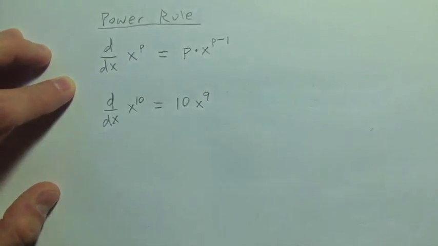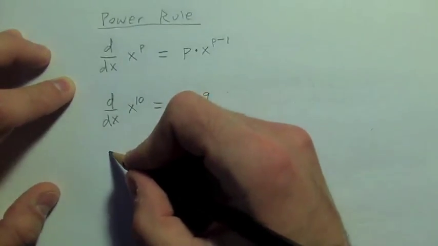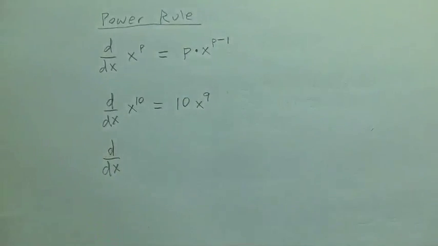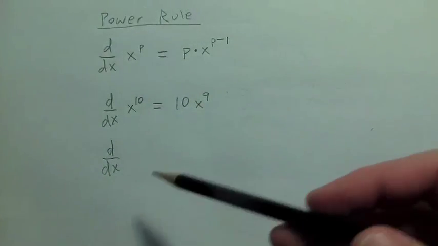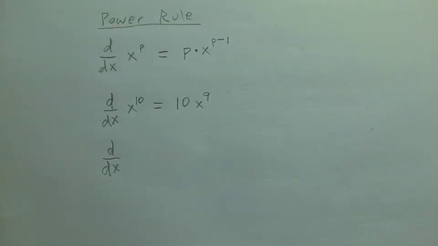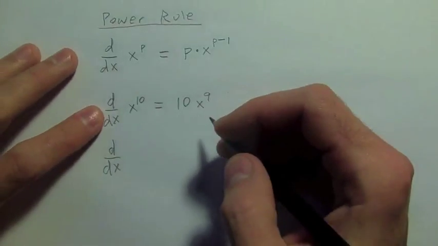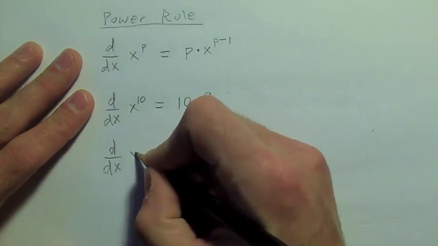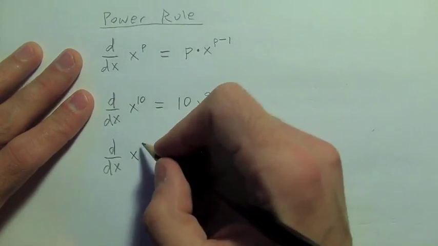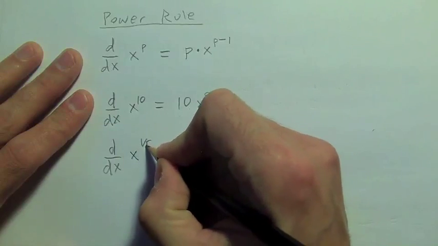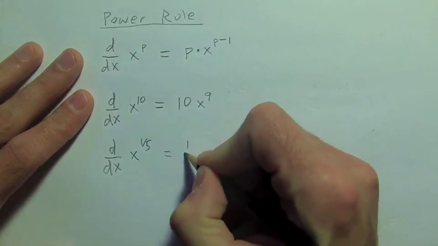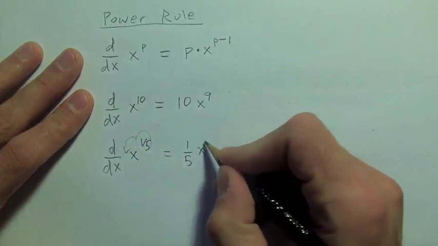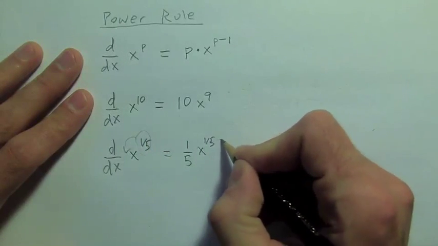If I wanted to take the derivative with respect to x, and here's why this notation is really handy, because I don't have to write an f of x equals, I could just crank out the derivative all in one line. Let's say the derivative of x to the 1/5 power is going to be 1/5. You bring the power down, x to the 1/5 minus 1.